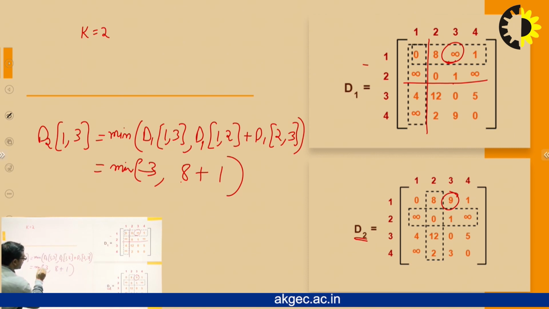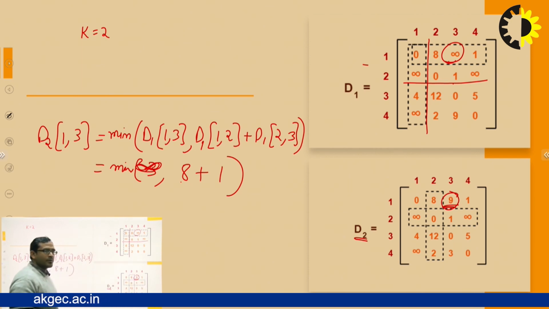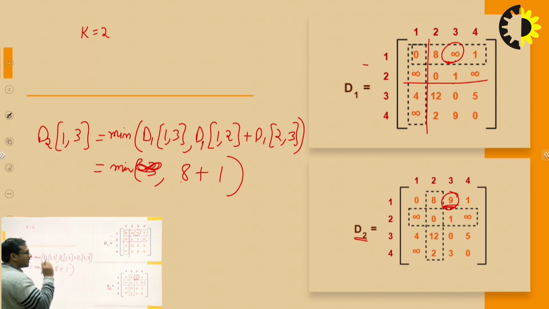I mistakenly wrote 3 here. So comparing infinity with 9, the minimum value is 9. So that's why I wrote 9 here. Got my point? So similarly, you can fill the matrix and get the output as D2, right? So I have taken vertex 1 as a pivot element, then 2 as a pivot element.